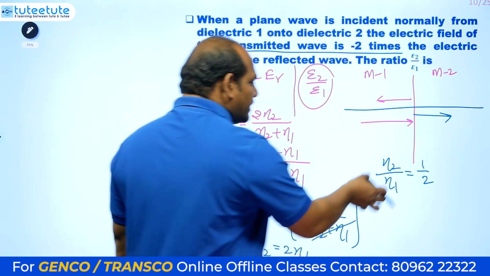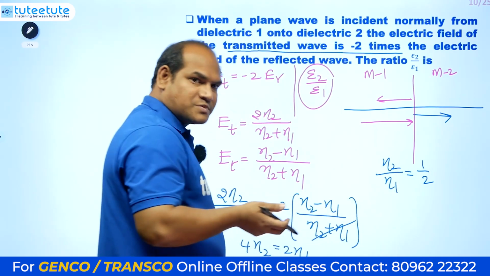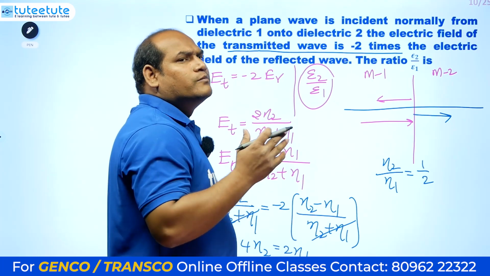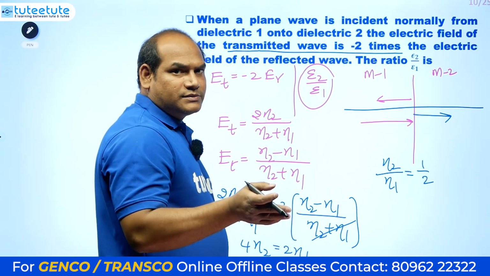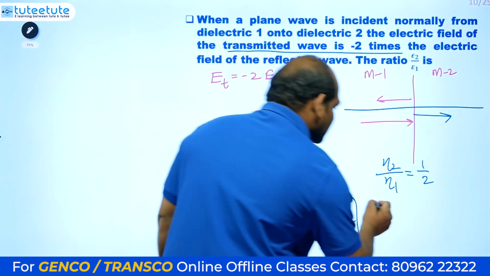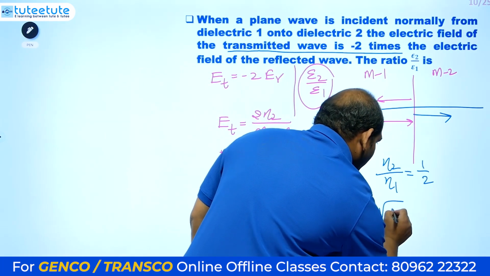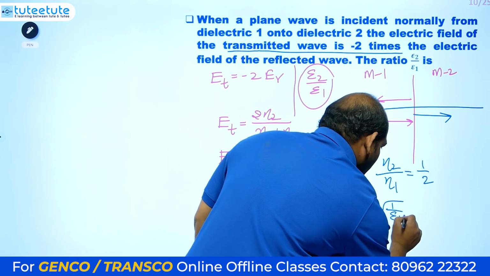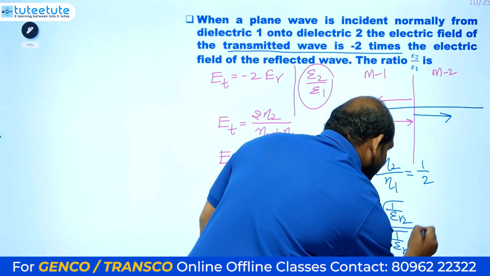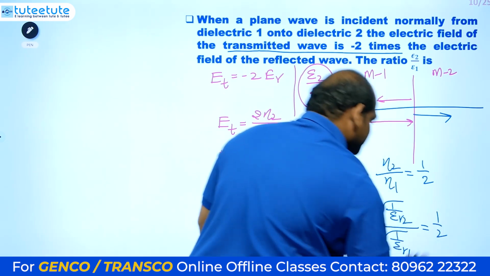Now eta means impedance, that is root of mu by epsilon. Mu is equal to mu naught into mu r. Mu r we can take as 1 for many materials. So we get root of 1 by epsilon r2 divided by root of 1 by epsilon r1 is equal to 1 by 2.